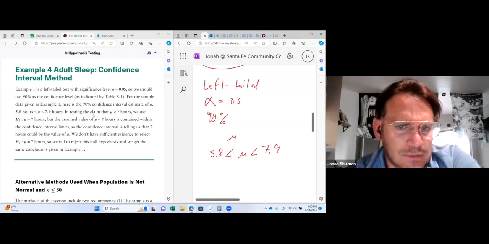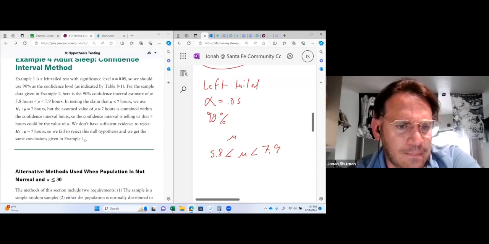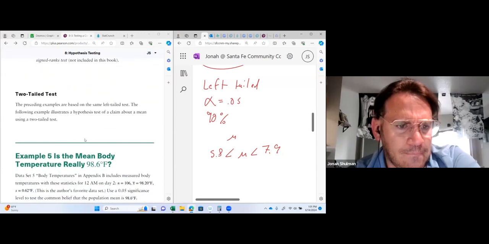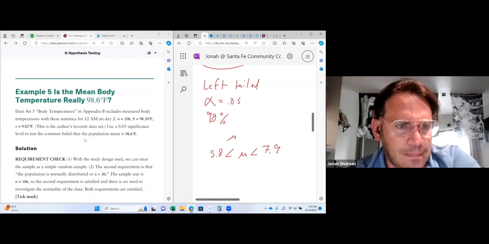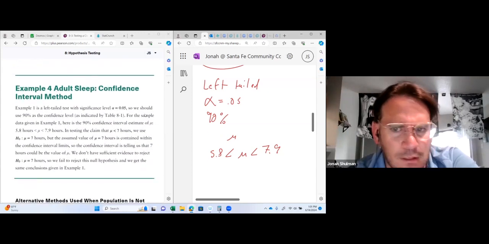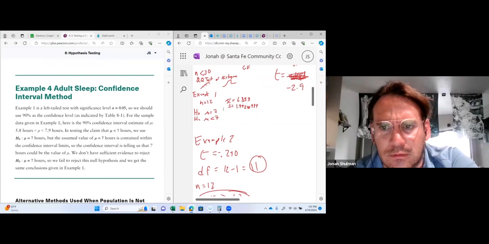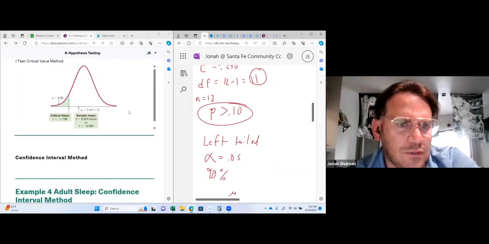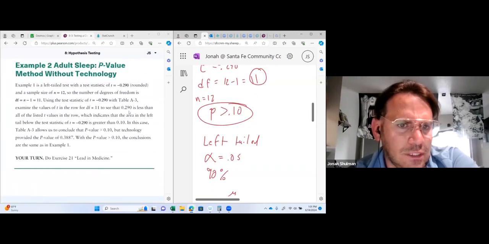In testing the claim that it is 7 hours, we use H0 is 7 hours. We don't have significant evidence to reject it. Is that what they gave us from before?